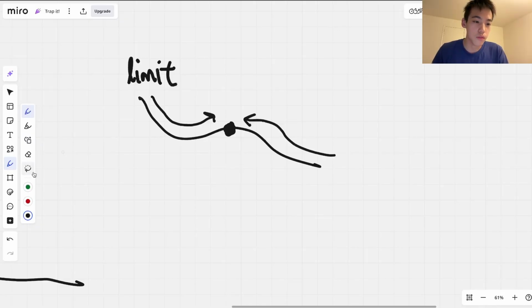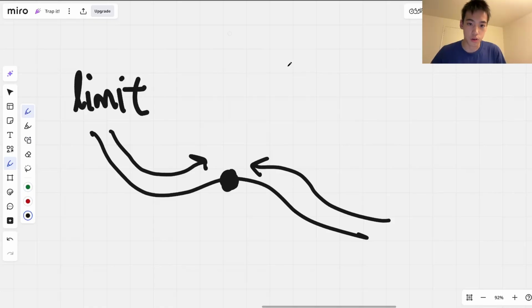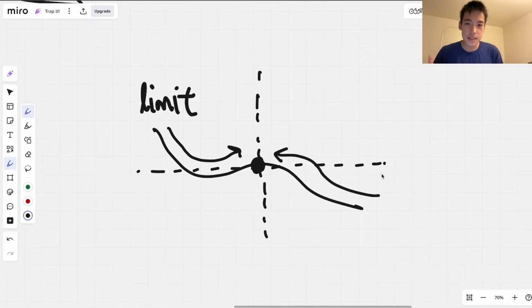Even if this point is not defined, you can still approximate it by approaching this vertical line from the left and from the right, and asking approximately what y coordinate you will reach. That's the informal intuition that you may have learned from calculus class.